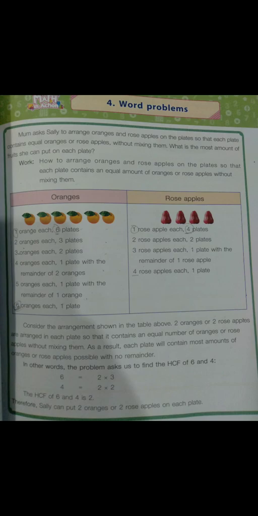Therefore, Sally can put 2 oranges or 2 rose apples on each plate. It's 6 oranges and 4 rose apples. So what is the HCF? 6 is 2 times 3, and 4 is 2 times 2, right? So the HCF of 6 and 4 is 2.